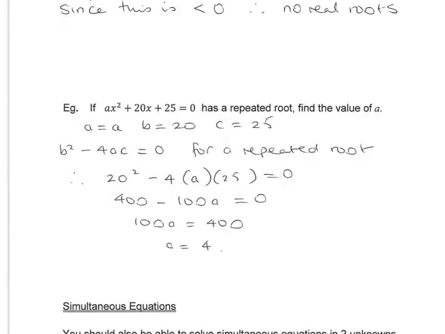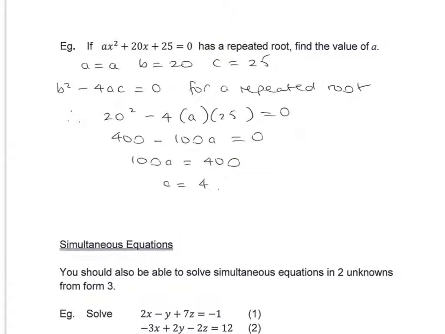Looking at it in a slightly different format, this time we're given a constant value a as our coefficient of x squared, but we're told it has a repeated root, and we're going to work out that value of a. If I know it has a repeated root, it must mean the discriminant is equal to 0.